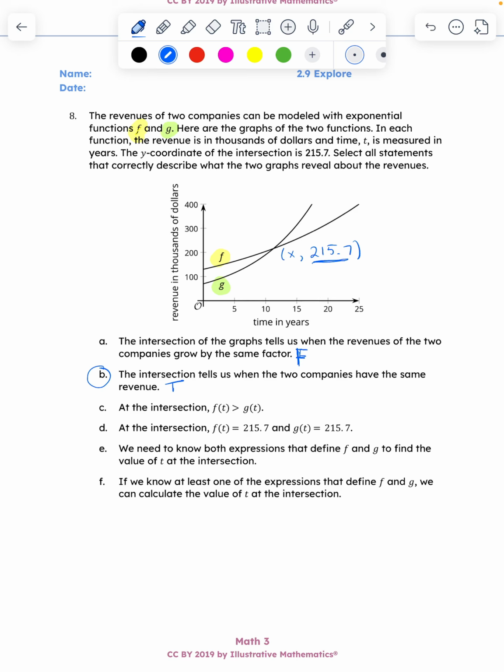So just like A, C is right out. And then that's what we're given in D. At the intersection, f of t is 215.7 and g of t is 215.7. In order for it to be an intersection, they must have the same value, the same x and the same y. Oh, I circled the wrong thing.